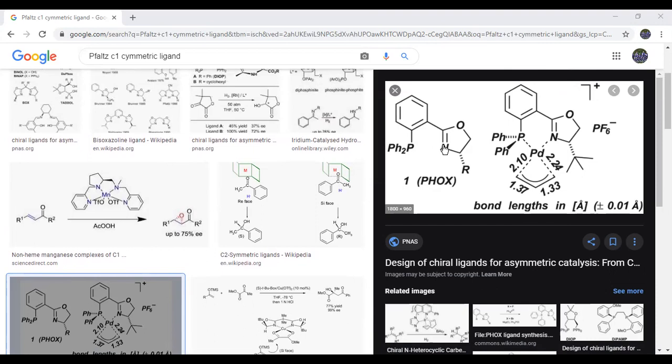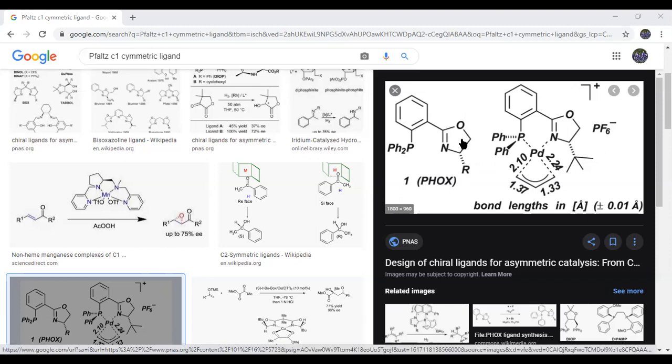They can both bind to the metal and basically chelate. If you learned that term in advanced inorganic, then I'm sure you know what that means. I think it's from a Greek word that means claw, so the ligand kind of grabs onto the metal. This is what you would call a C1 symmetric ligand, right? There's no plane of symmetry: you've got a box group on this side, and a different group on the other side.